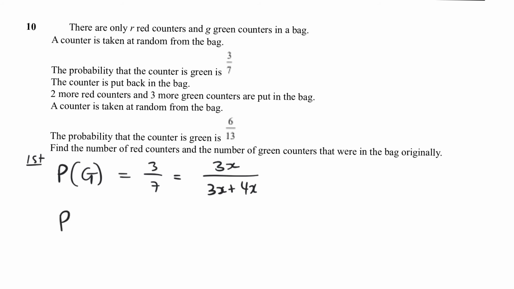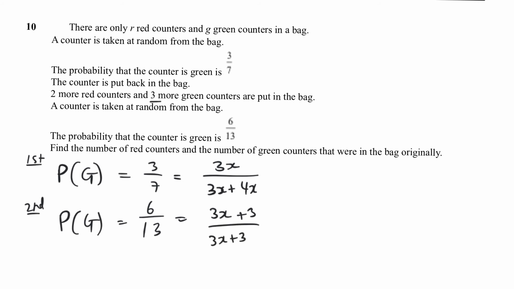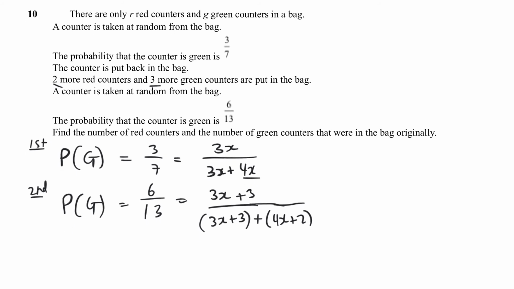And so the probability of the green second time is 6 out of 13, which is 3x, add the 3 extra counters, over 3x plus 3, because that's our new green, plus the red, which is 4x plus the 2. Okay, so now that we've done that, we need to solve this.